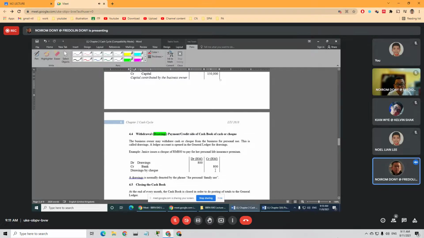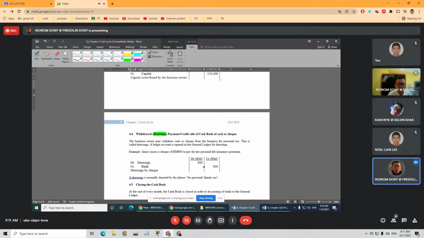So therefore we have to credit bank. The corresponding account, which is drawing, definitely to be debited, isn't it? Because we are observing the double entry rule. If we credited the bank, we are 100% sure, because this is payment, bank will be credited. So debit the corresponding account.